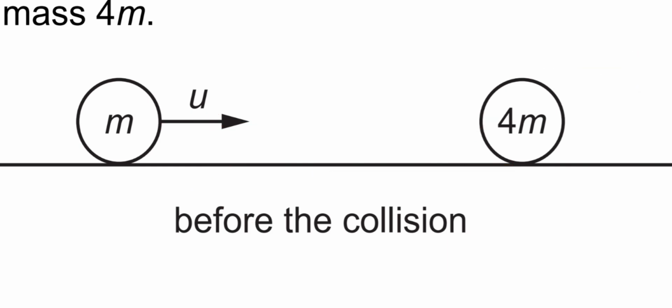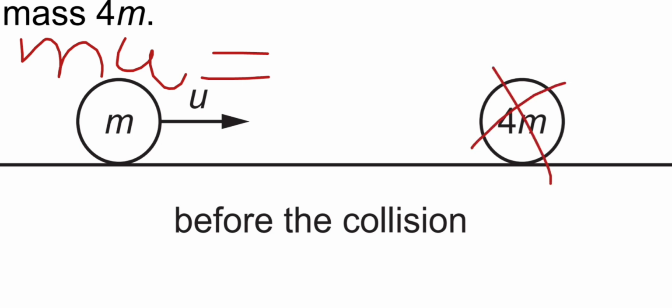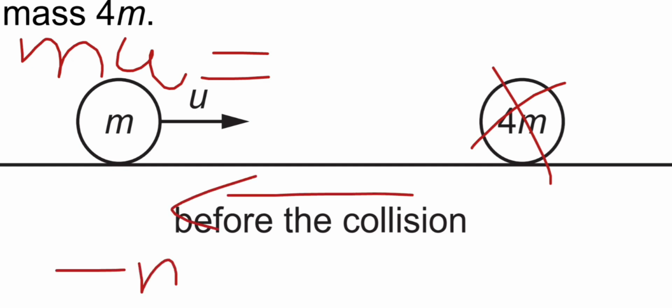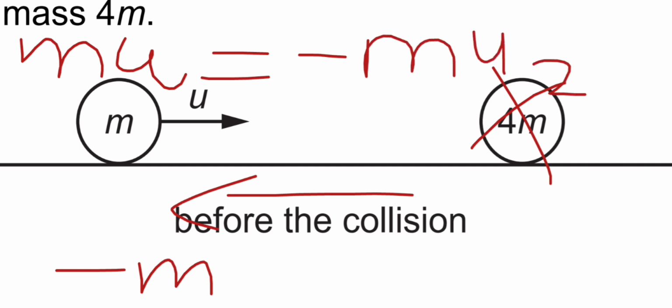Making sense? So before collision, the momentum will be mu. After collision, because this one is stationary, it has no momentum. After collision, this one has to rebound with a negative m u2. But I don't know this u because I don't know what speed it's rebounding with.